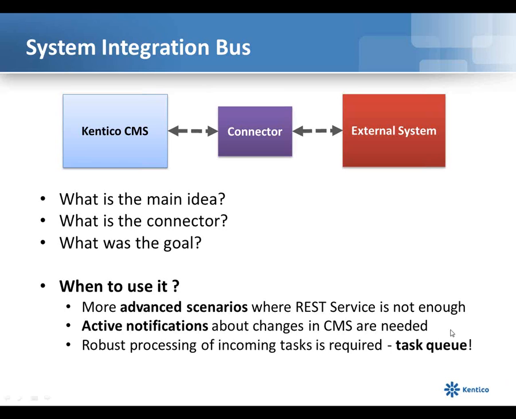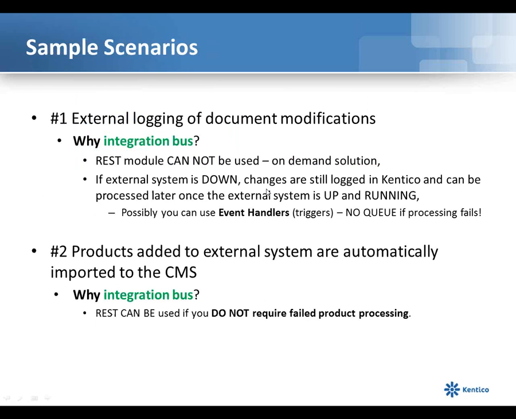And one of the best ideas here that I consider is the task queue. Whenever the external system is down for some reason, you are still able to synchronize those tasks later on when the external system is up and running.